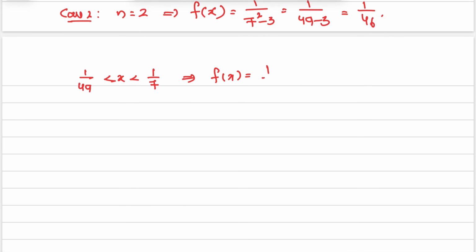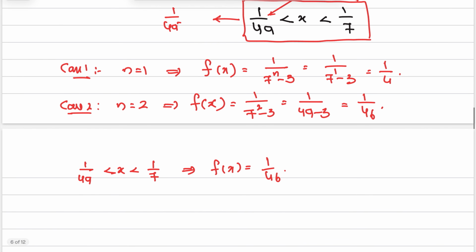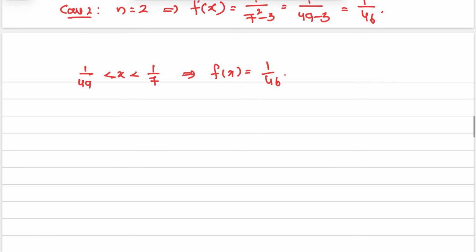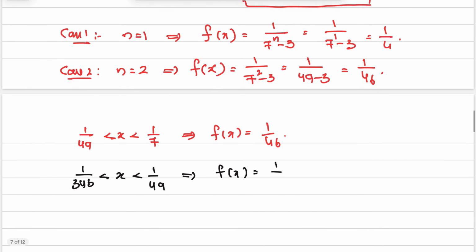Do you agree? 1 by 343 is less than x less than 1 by 49 implies function x is equal to 1 by 4.